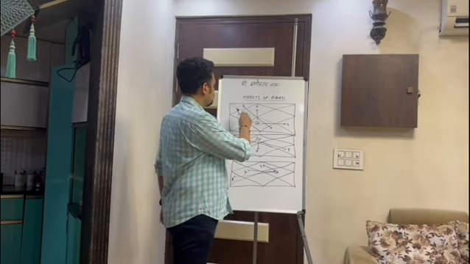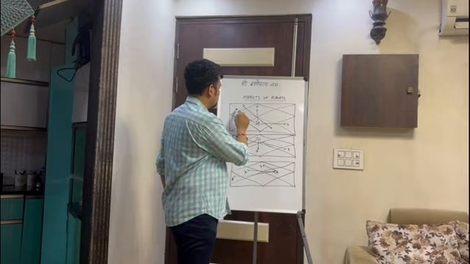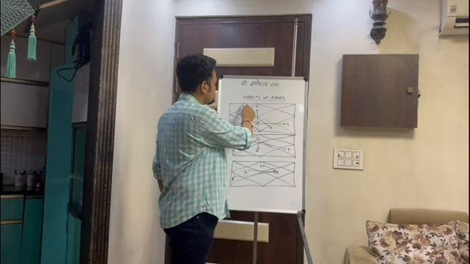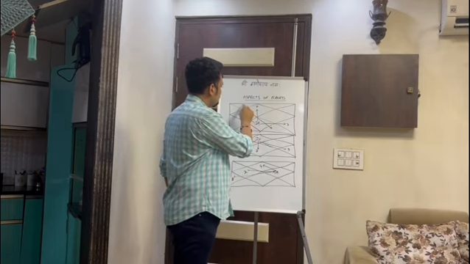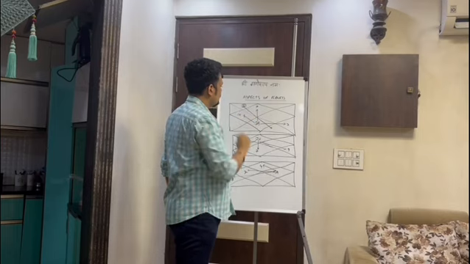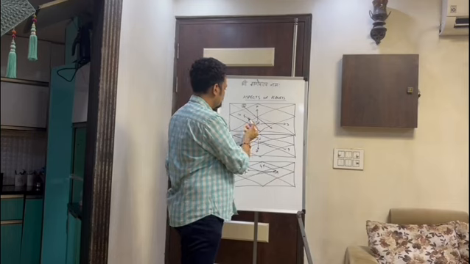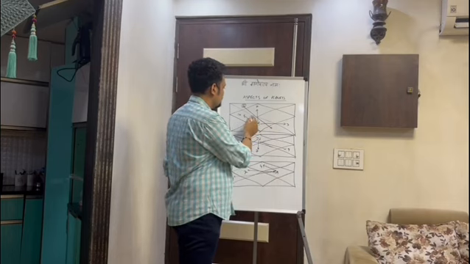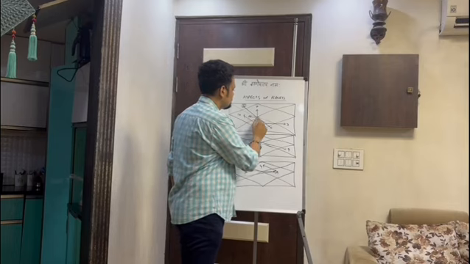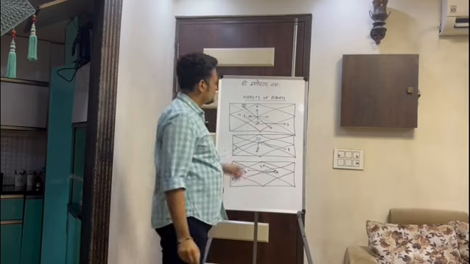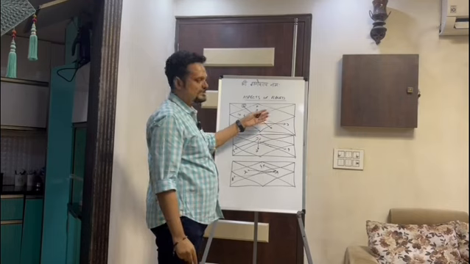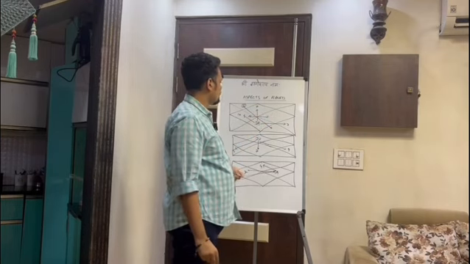Some people count 1 from the next house, but the planet is placed here, so 1 will be this house only. I think you are getting what I want to say. Suppose the Moon is sitting here, so the 7th place will be just opposite. This is the 7th aspect of the Moon.